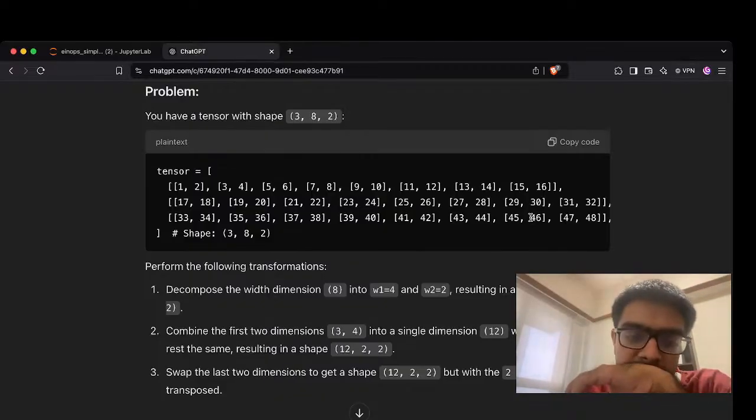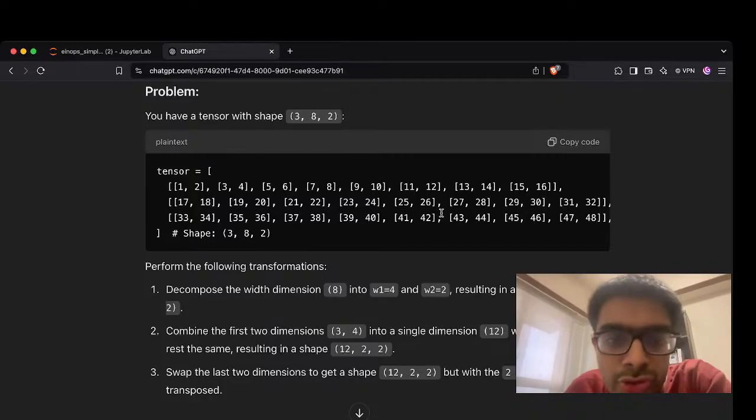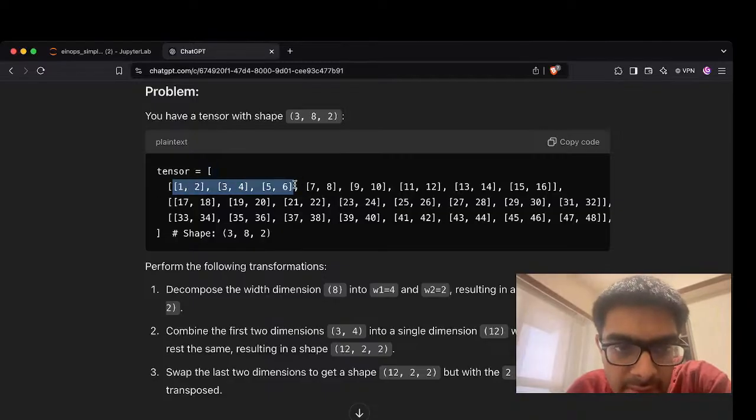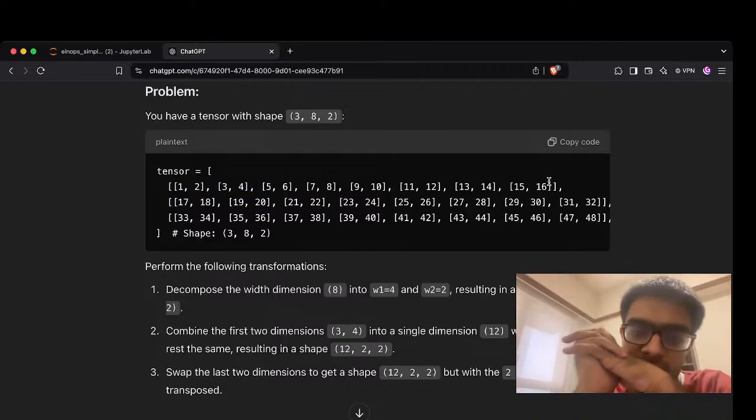So we want to decompose the width dimension into W1 equals 4 and W2 equals 2. So 1, 2, 3, 4 is going to happen. 1, 2, 3, 4, and 1, 2, 3, 4, right? So we're going to have 3, 4, 2, 2.